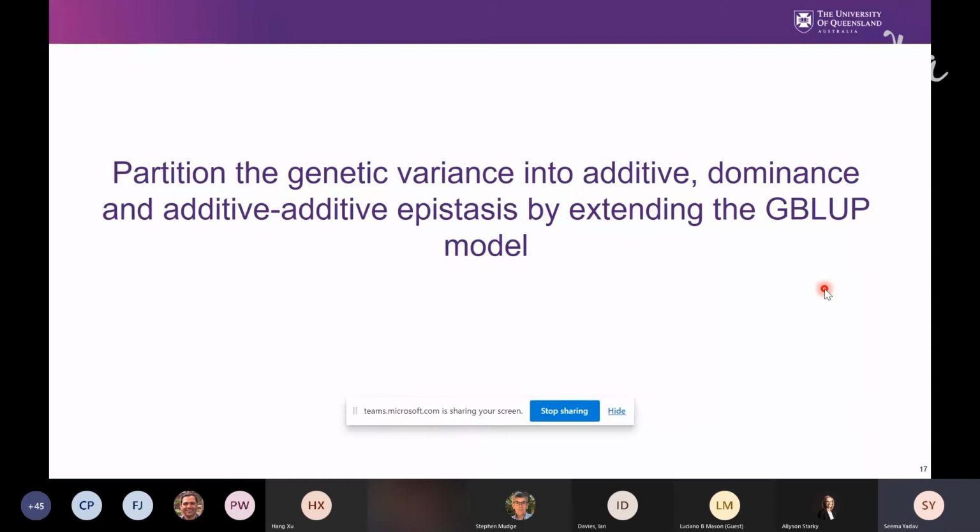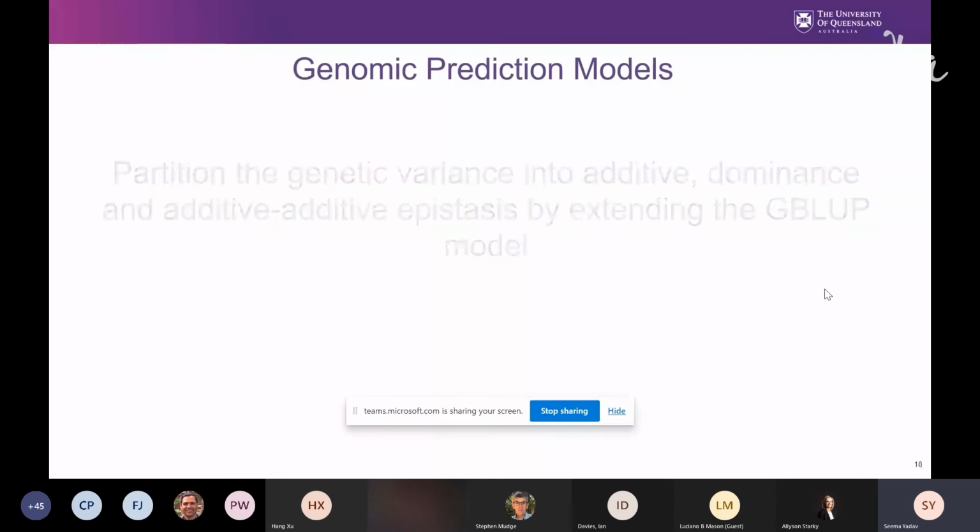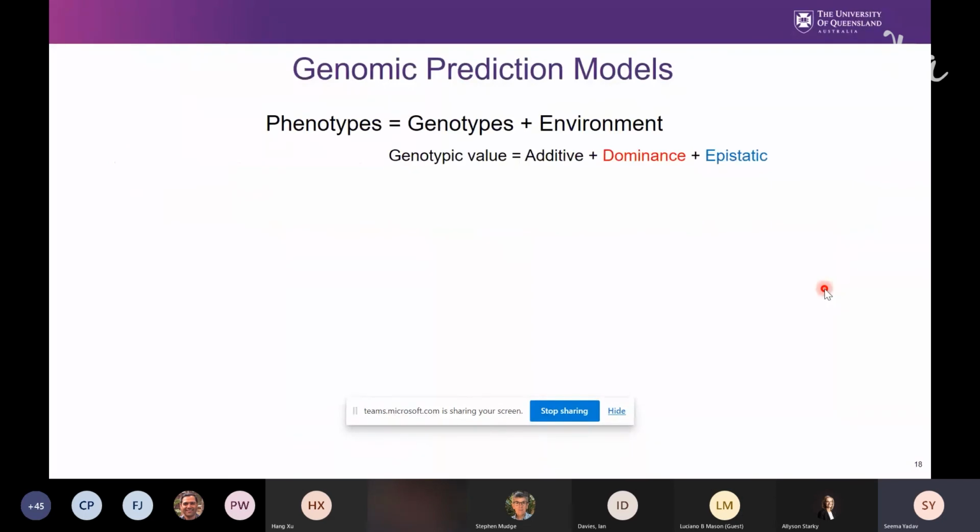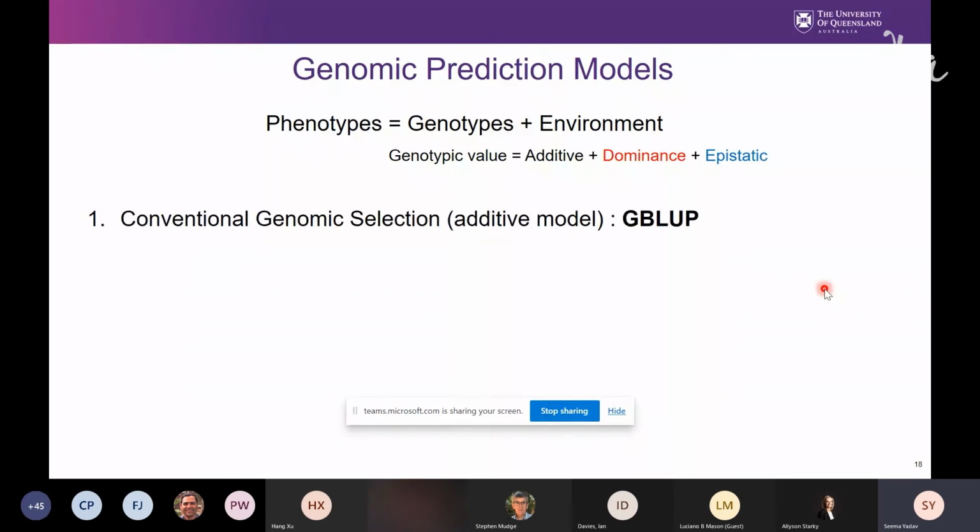So we can incorporate non-additive genetic effects into the genomic prediction model using exactly the same GBLUP methodology. Basically, in the genomic prediction model, the phenotype is a combination of genotype and environment, but the total genotypic value is the additive and non-additive effect, which is normally considered as dominance and epistatic genetic effects.